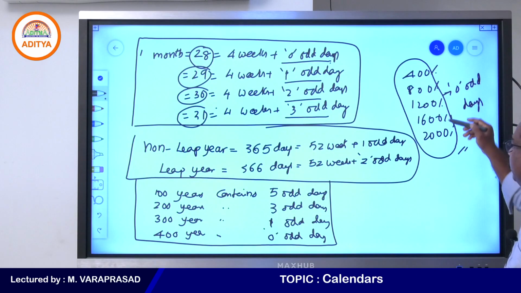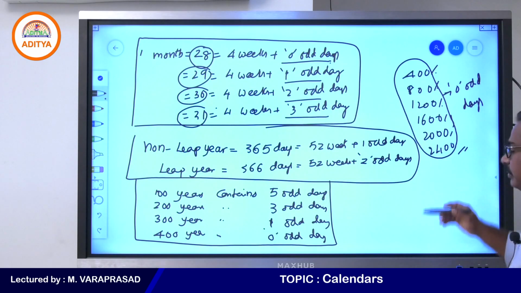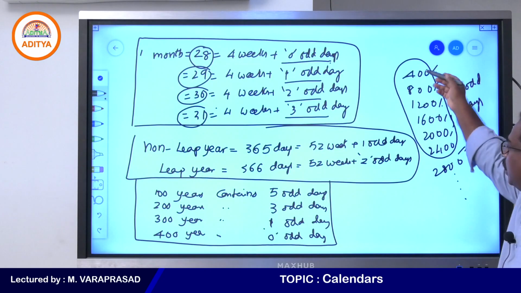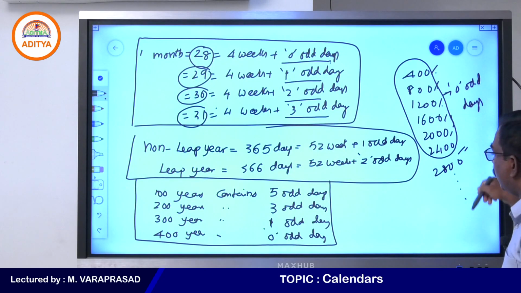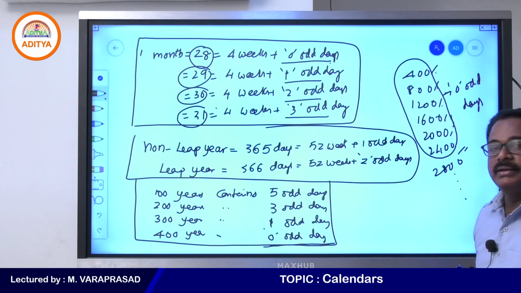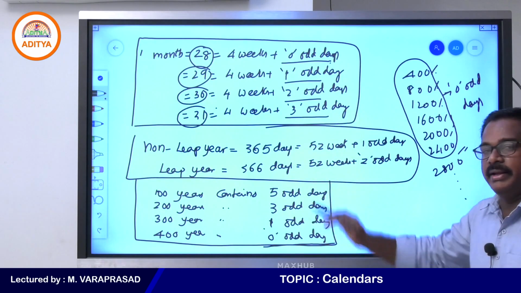If you take 2400, we will get 0 odd days. 2800, and so on, because every 400 years has 0 odd days. So this is the concept of calendar.